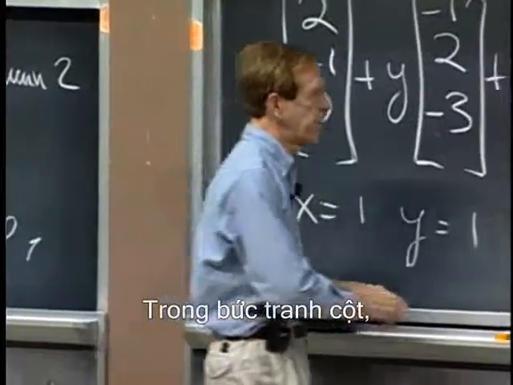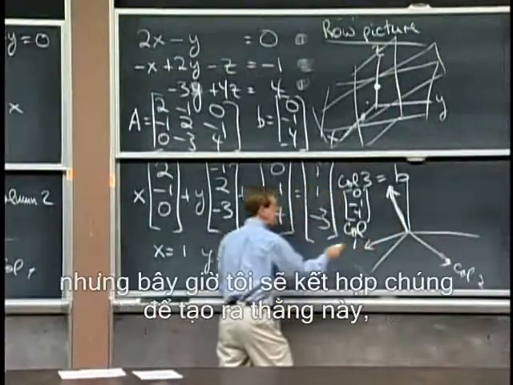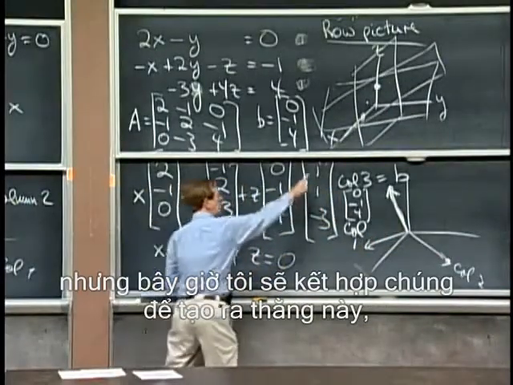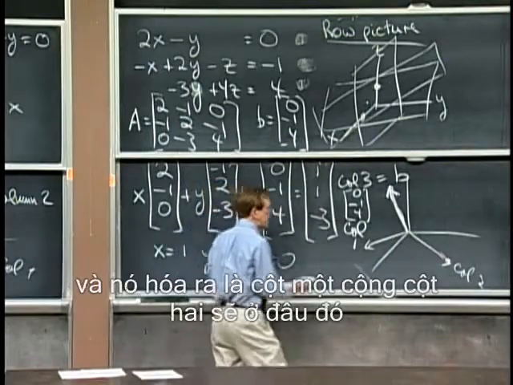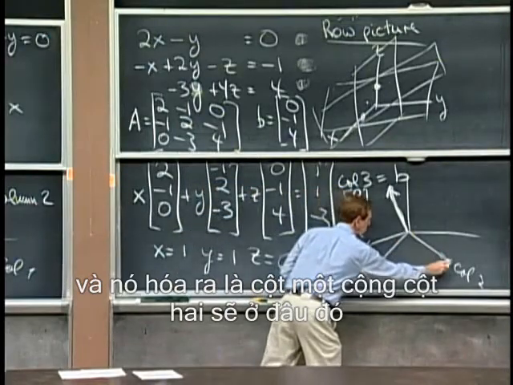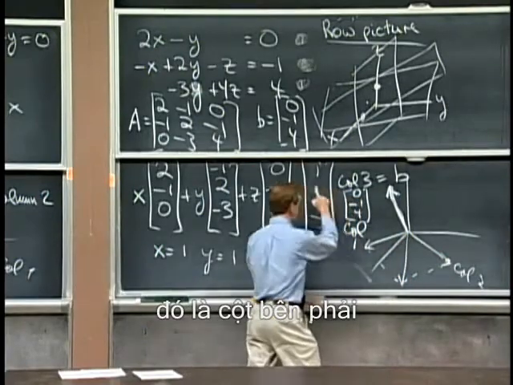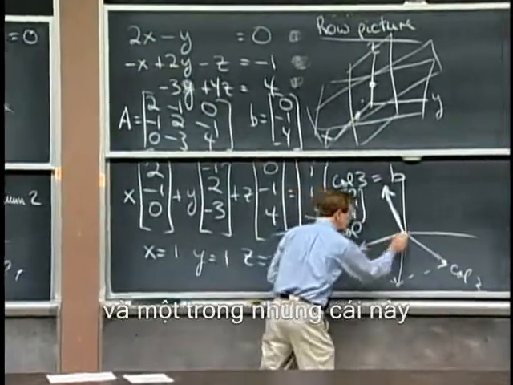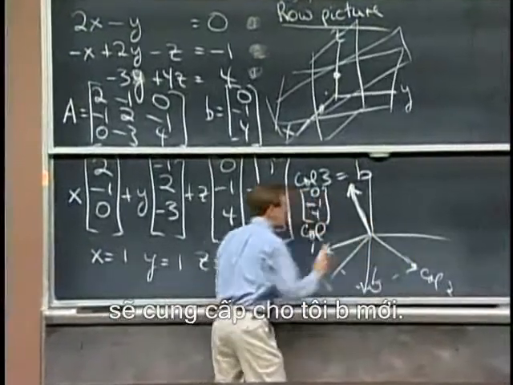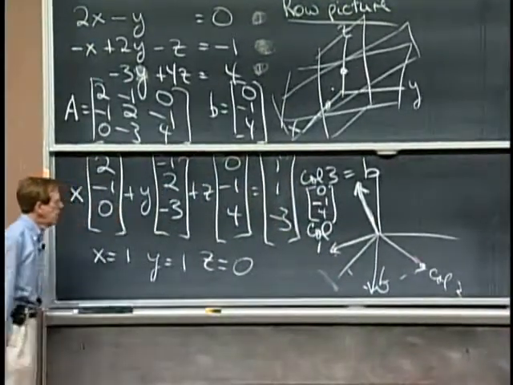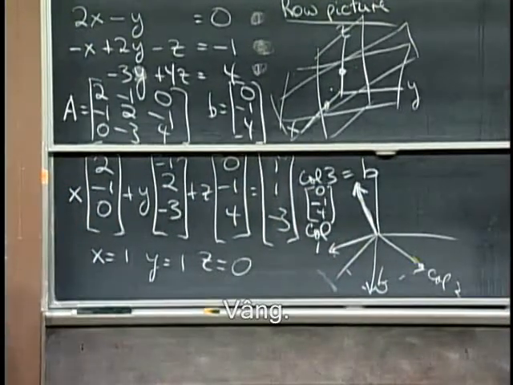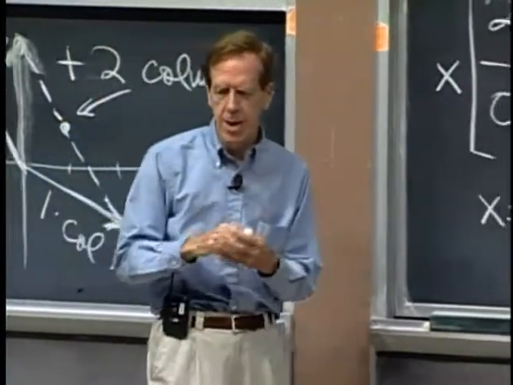In the column picture, I have the same 3 columns, but now I'm combining them to produce this guy. And it turned out that column 1 plus column 2 is the right combination. One of this and one of this would give me the new B. Okay, so that's like we squeezed in an extra example.